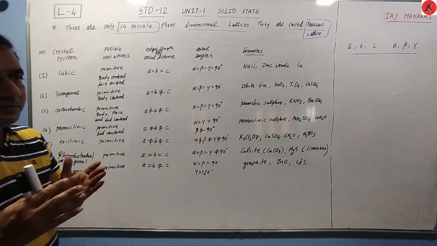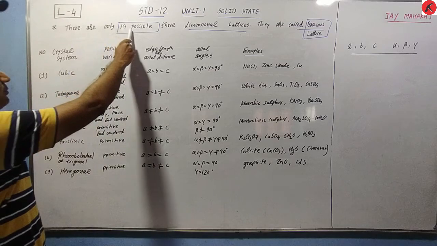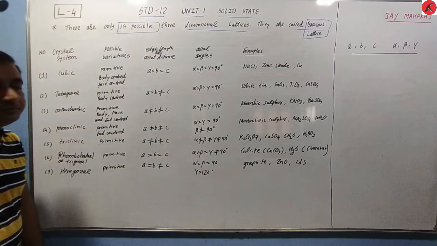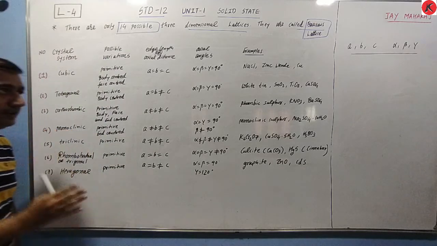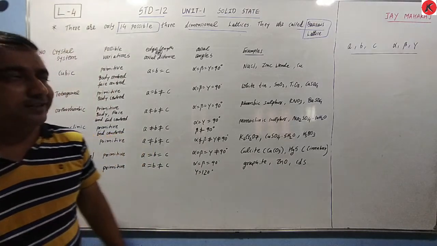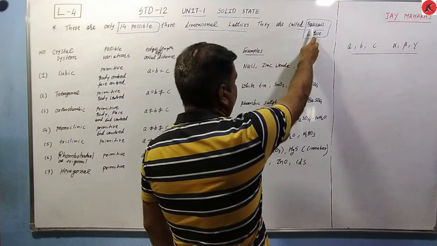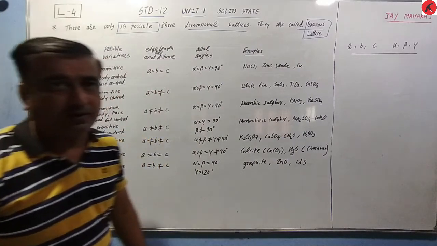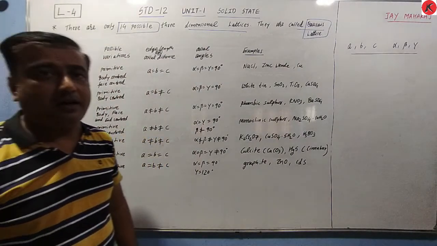There are only 14 possible three-dimensional lattices. That means 14 types of various arrangements are available, and they are called Bravais lattices. So the number of Bravais lattices is 14.